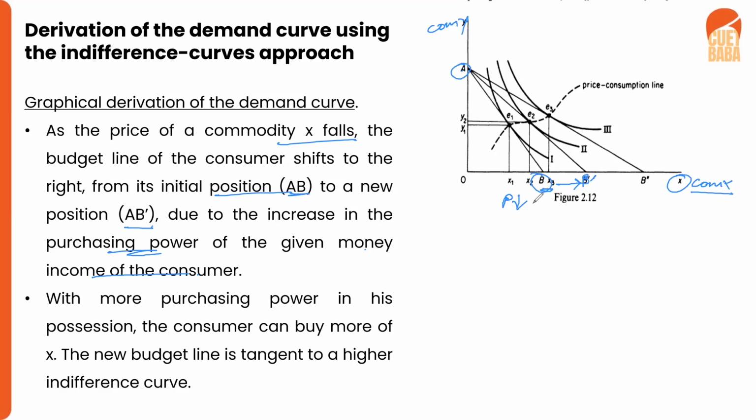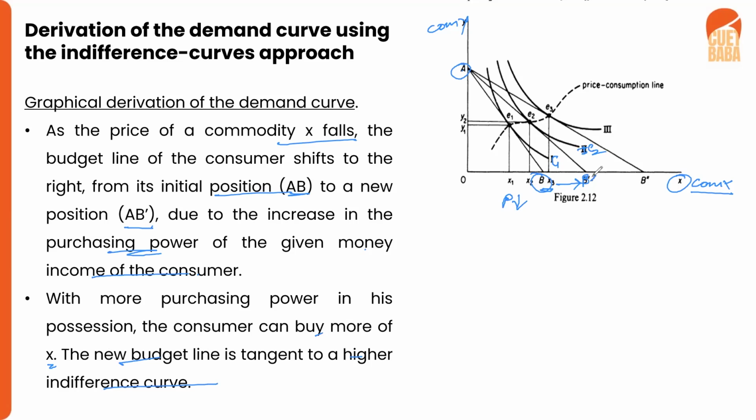The purchasing power of the given money income would definitely increase, right? With more purchasing power in his hands, the consumer can buy more of X. And thus, the new budget line is tangent to a higher indifference curve. Earlier we can see this was IC1 and this being IC2.